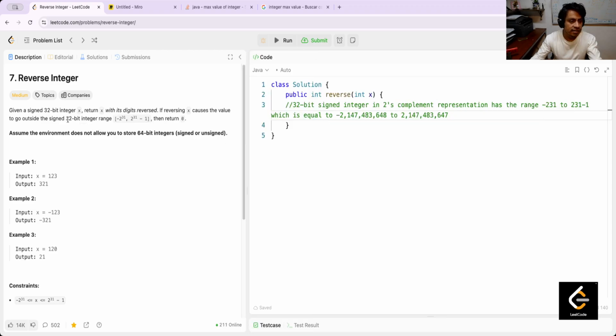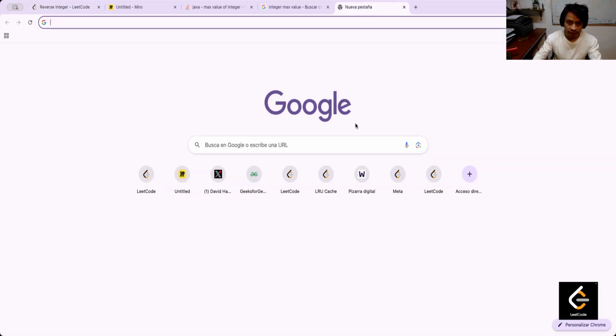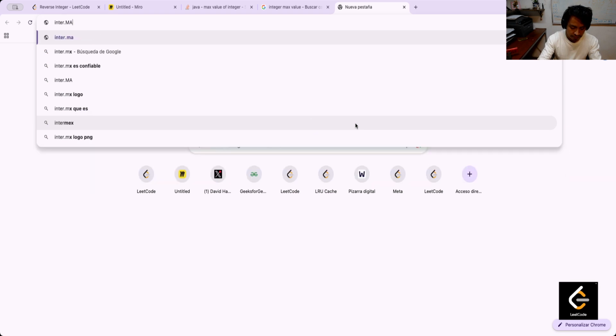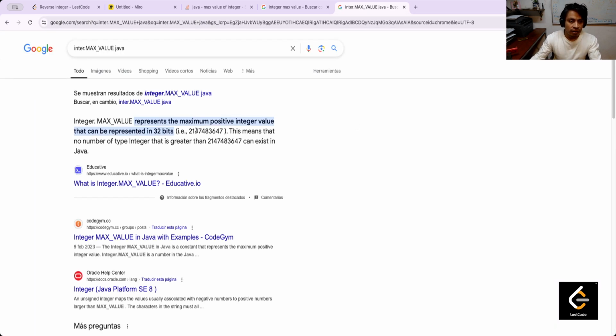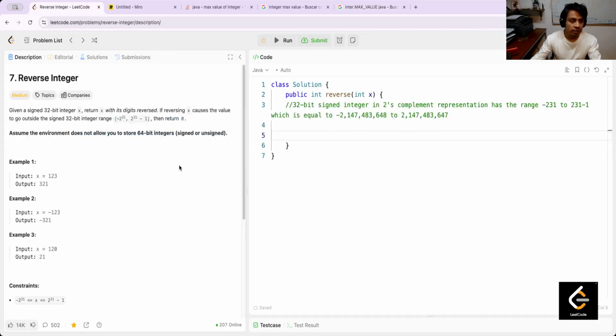In this case, the range 2 to the 31 minus 1 is exactly this, which is the maximum value that can be saved, Integer.MAX_VALUE.